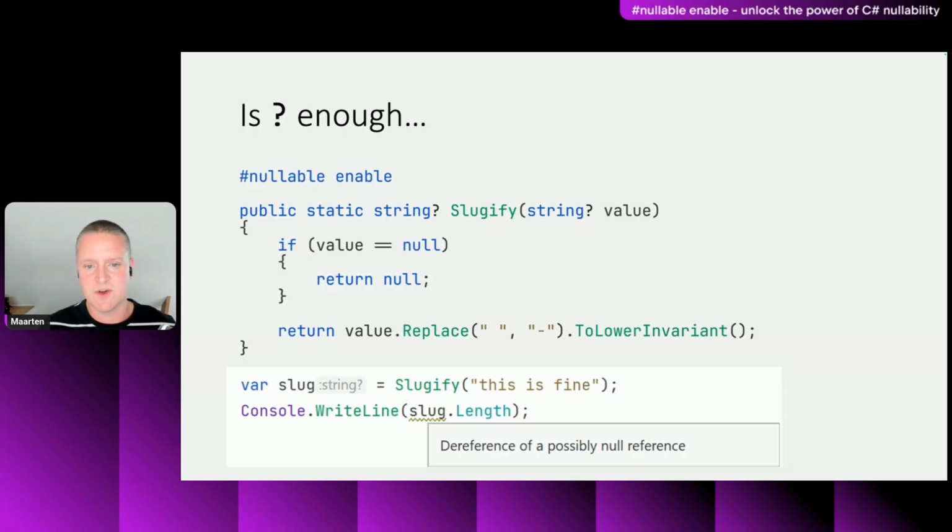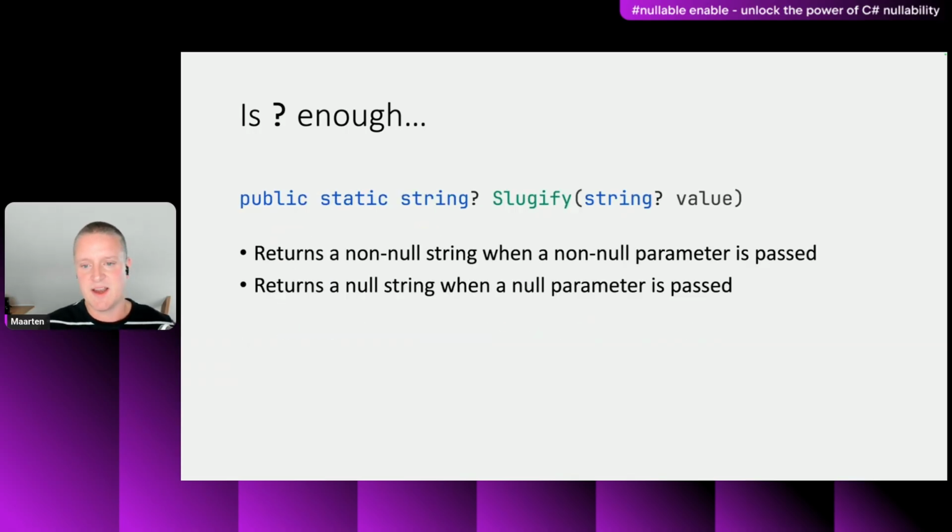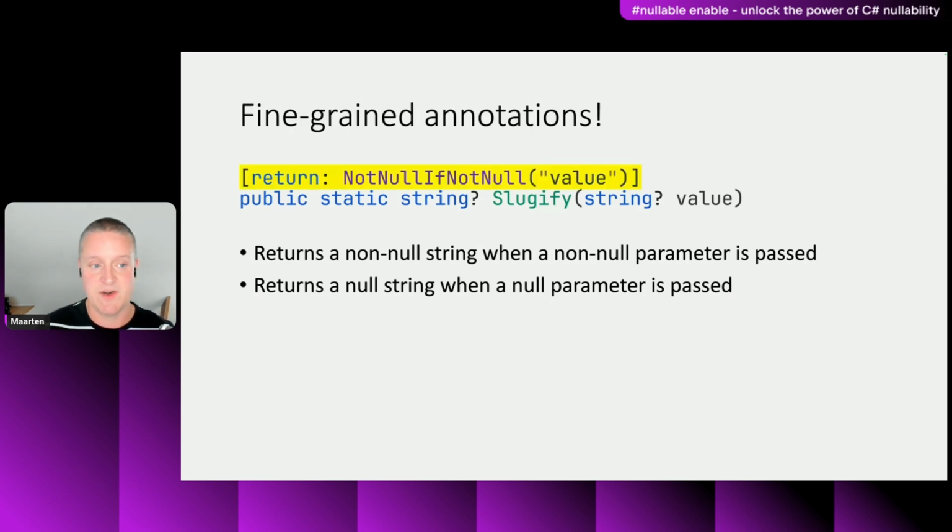Now, if you look at that code and you start thinking, it actually returns a non-null string whenever a non-null parameter is passed in. And it will indeed return a null string when a null parameter is passed in. So is there a way to tell the compiler that this duality exists in this method? Well, there is.